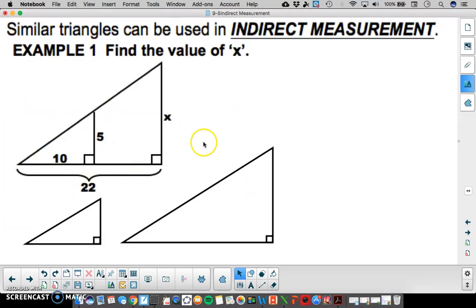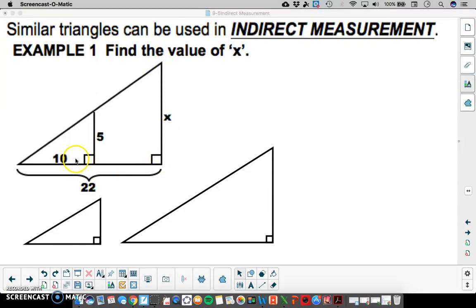In this example, we're going to solve for the missing length in this triangle. We know here we have a triangle within a bigger triangle, and this angle here is shared by both triangles, which means it's one set of angles that are congruent.